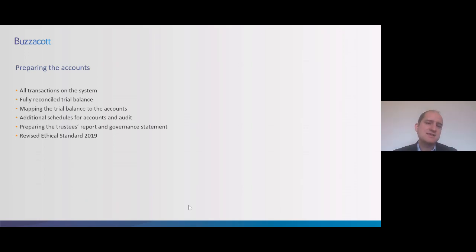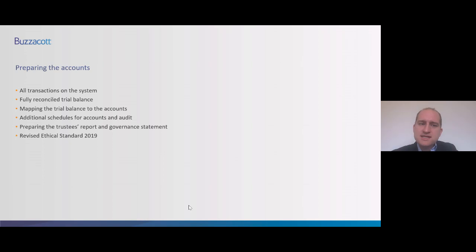And the importance here is that we carry these out, where we're supporting Academy Trusts with accounts preparation, via separate teams of people. And really this revised ethical standard highlights the importance that these ultimately are the Academy Trust accounts. So it's important before the accounts get handed over to the audit team that you're comfortable with the numbers within that and have ownership of them before they go for audit.